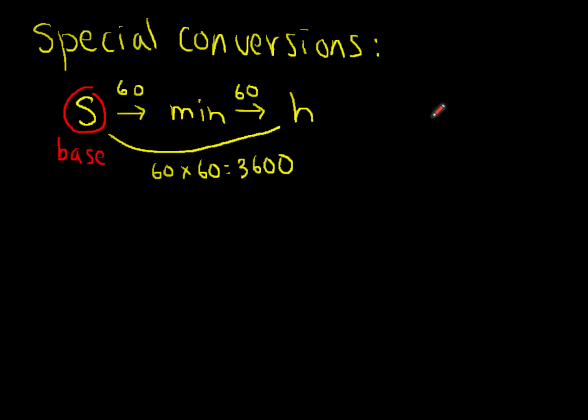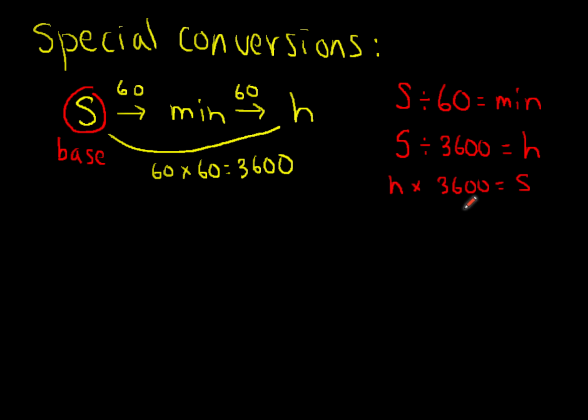Now, seconds is the base unit, which means that to convert seconds to one of the greater units, we divide. Seconds divided by 60 equals minutes. Seconds divided by 3600 is hours. Hours times 3600 equals seconds, and minutes times 60 equals seconds.